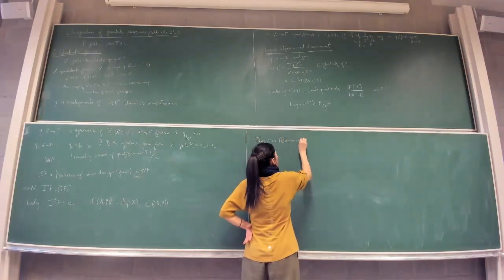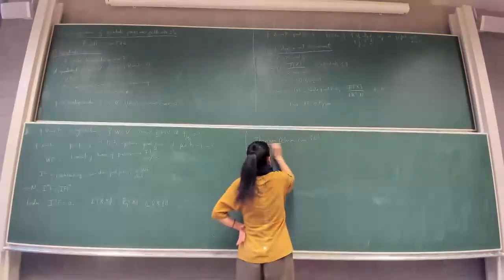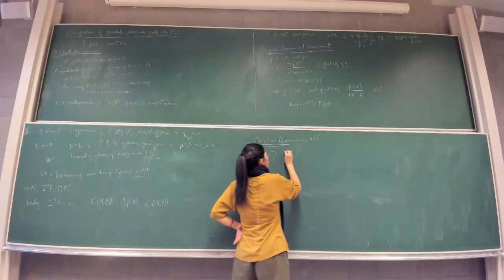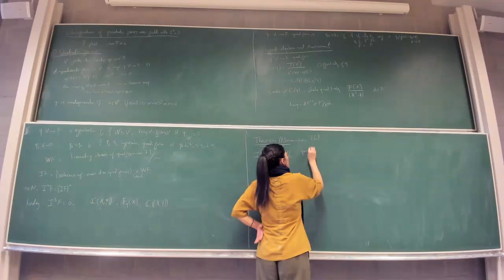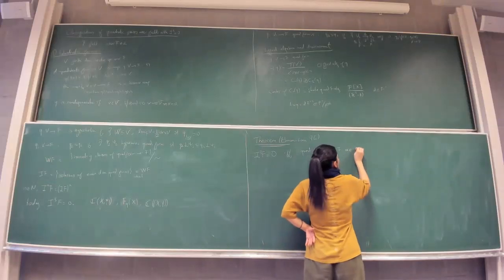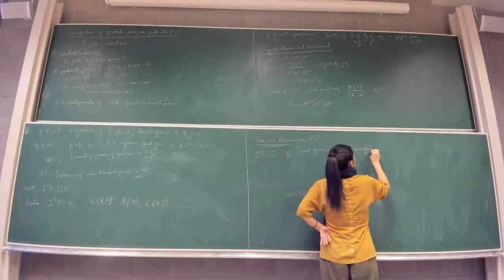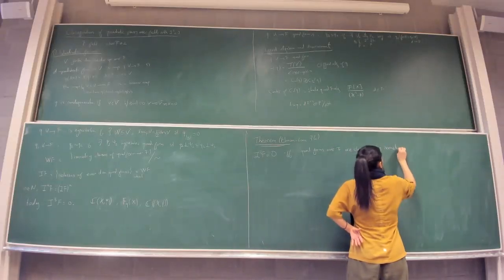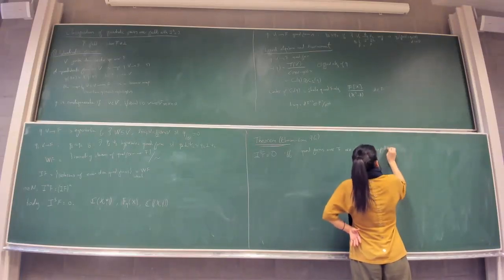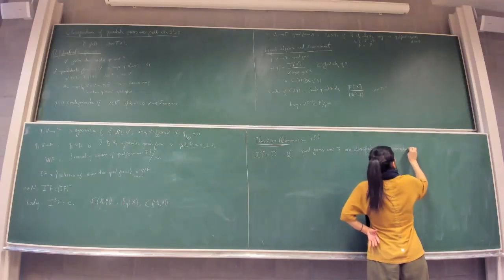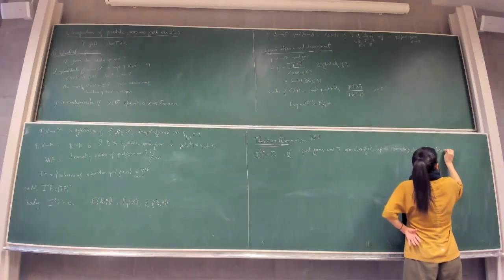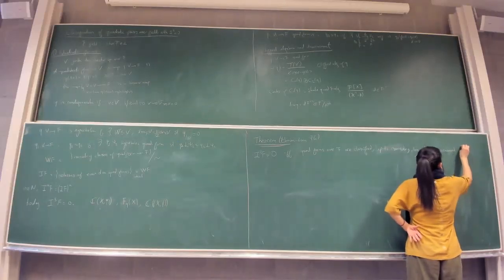This is due to Elman and Lam. So I3 of F is trivial if and only if quadratic forms over F are classified up to isometry by dimension, discriminant, and Clifford algebra.